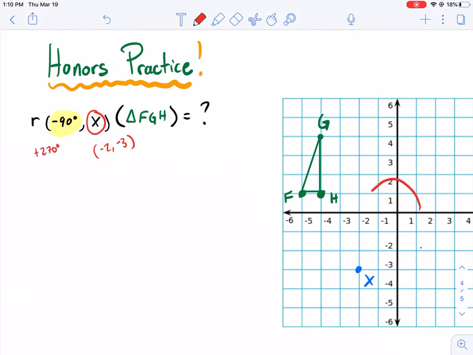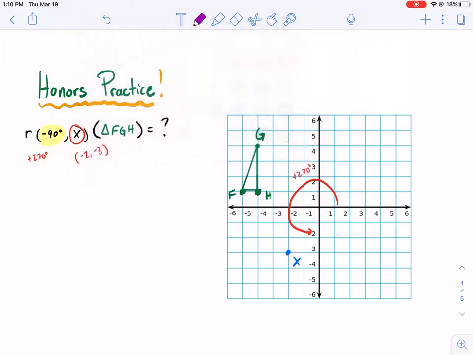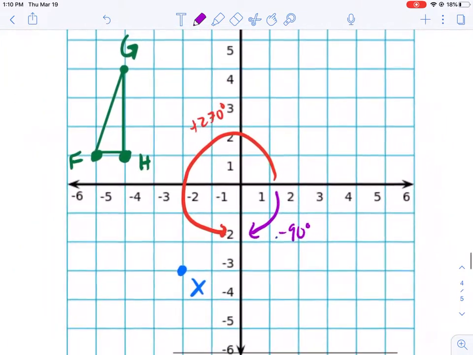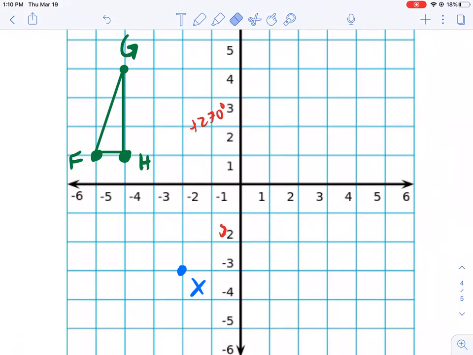So if we rotate positive 270, we end up in the same location as if we would go -90 degrees. Either way you can think about it, it's the same thing. Some of you might like looking at -90. I prefer always thinking about it in terms of a positive rotation. So just keep that in mind as you're approaching this problem.